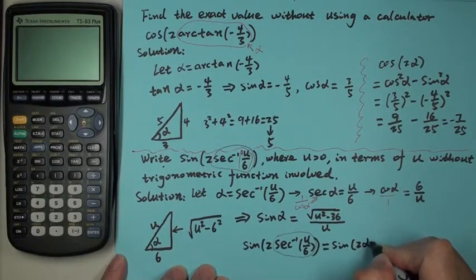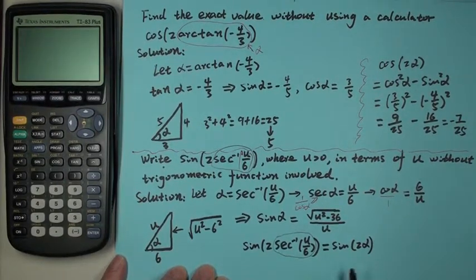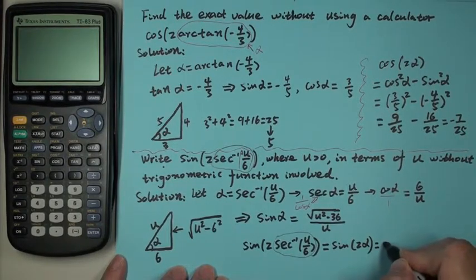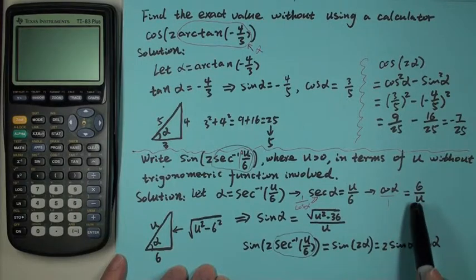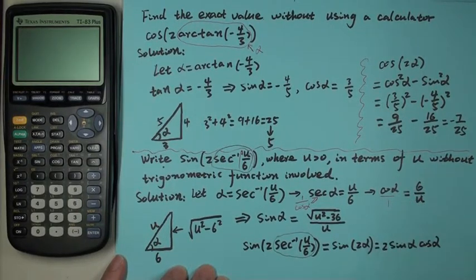So it's sine 2 alpha. And now you know you got to use what? The double angle formula. That's 2 sine alpha cosine alpha. Okay, and the sine alpha and cosine alpha are ready for you to use. You see, right down here, exactly.